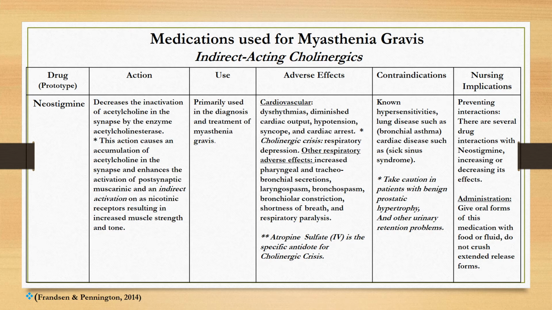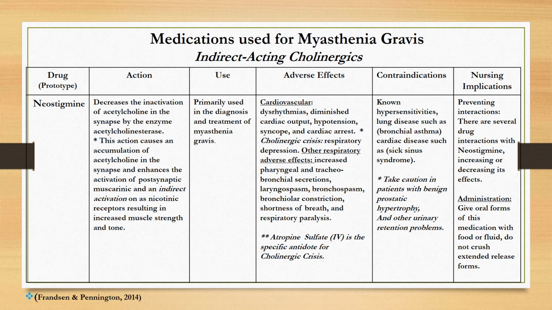It also causes skeletal muscle contraction, and it also stimulates that vagus nerve. Okay, so keeping that in mind, these are going to become possible adverse effects of a medication that increases the accumulation of acetylcholine, which affects the parasympathetic nervous system.